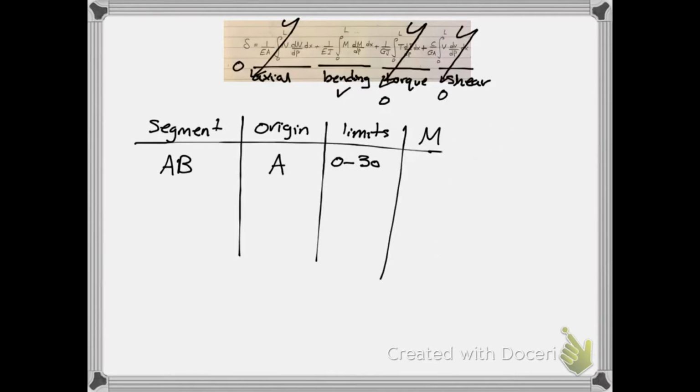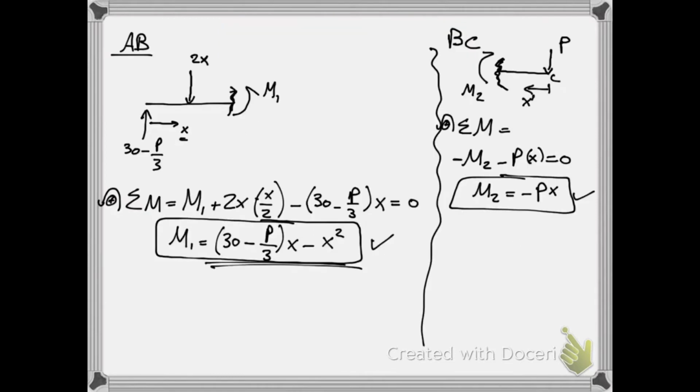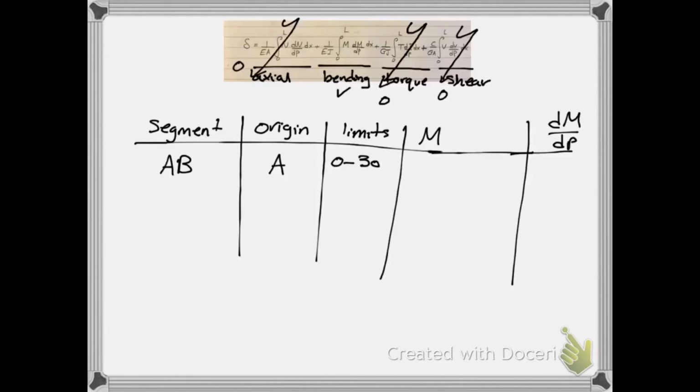So let me extend this one. dM over dP, and M1 was (30 minus P over 3) times x minus x squared. dM over dP is going to be minus x over 3.